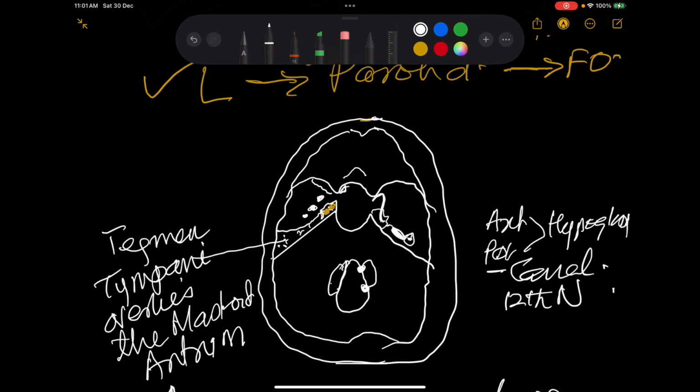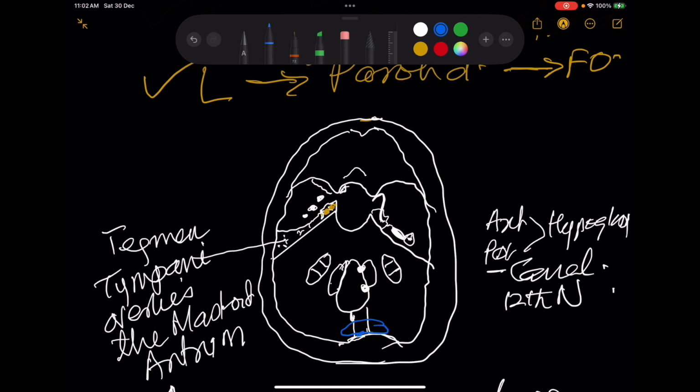Then here is the internal occipital protuberance. Here is the jugular foramen. Here there is a confluence of sinuses.